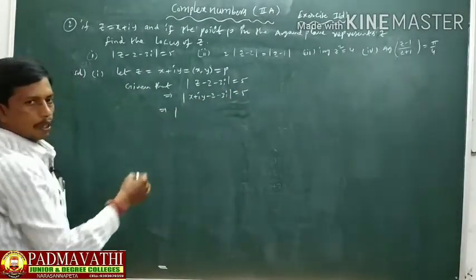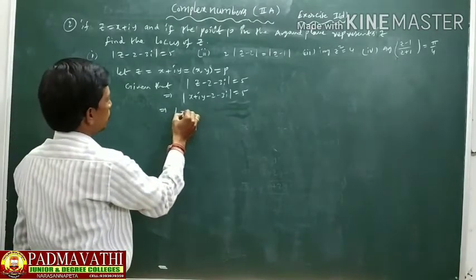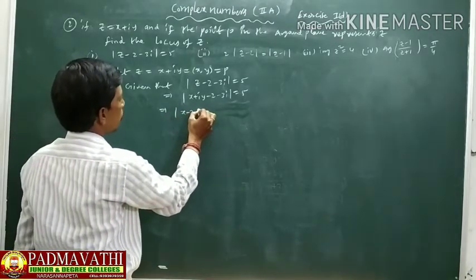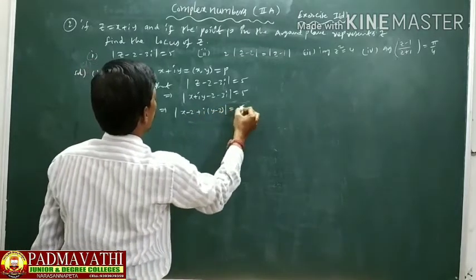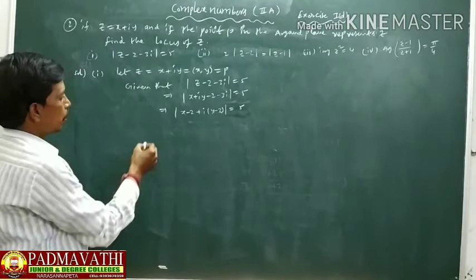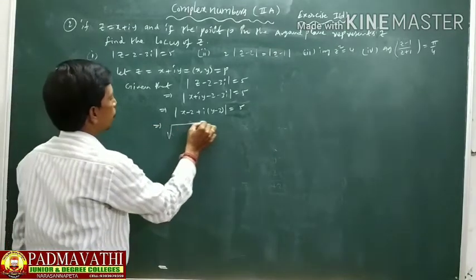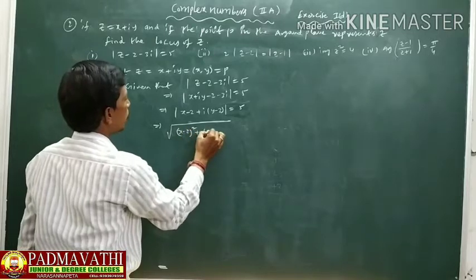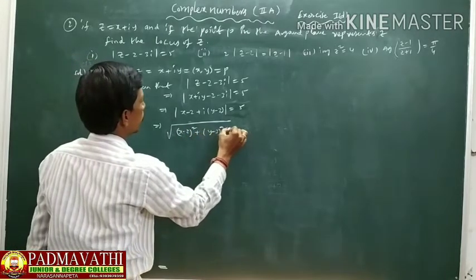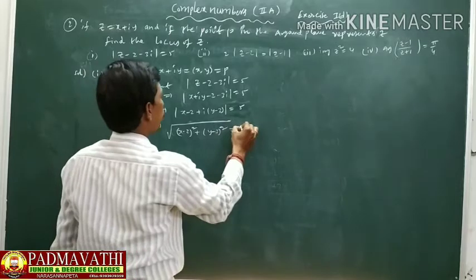So real part and imaginary part separate: (x minus 2) plus i into (y minus 3) equals 5. What is the meaning of modulus? Square root of real part squared plus imaginary part squared equals 5.